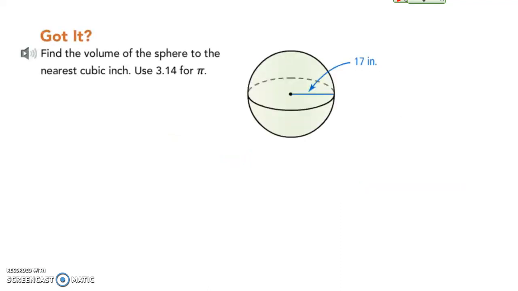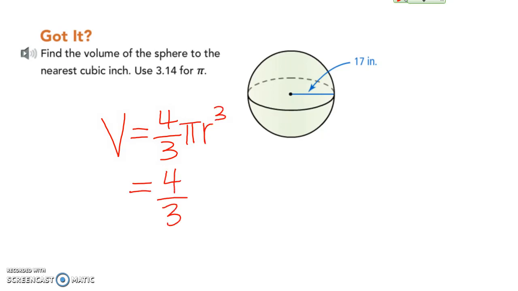Okay, so here we have our sphere, and there's only one dimension for a sphere because all the dimensions are the same. So that's kind of interesting about a sphere. 4/3 pi r cubed. So all I have to do is plug in 3.14 for pi and then 17 for the radius. First thing, I'm going to do 17 times 17 times 17, so I'm cubing that, and that's 4,913.